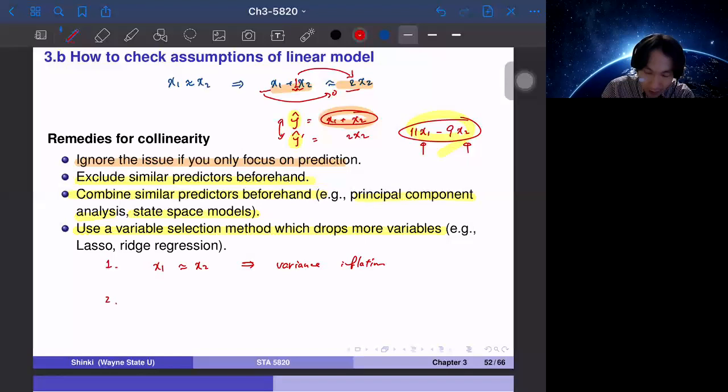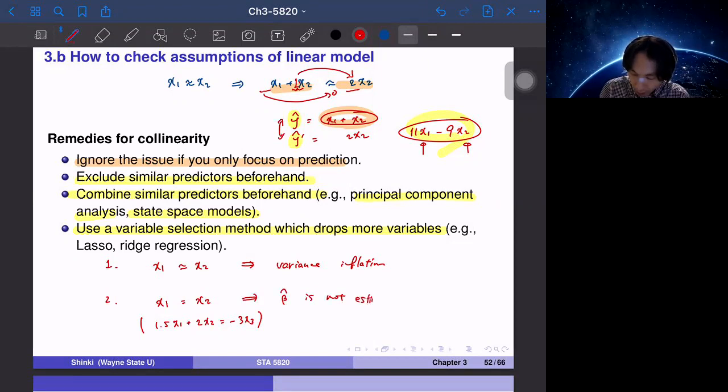Another problem is when we have a perfect relationship, such as x1 equal to x2, or in the case of three variables, possibly 1.5x1 plus 2x2 equal to, maybe, negative 3 times x3. That happens because of the definition of variables. In this case, beta hat is not estimable. So clearly you have to drop some variables.